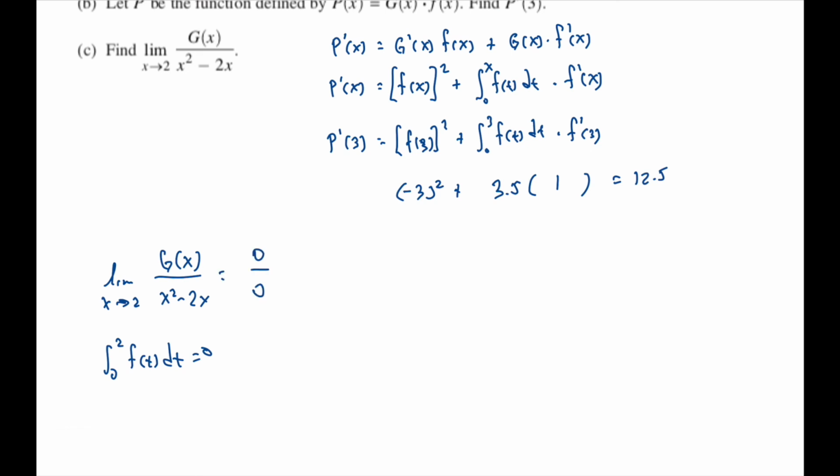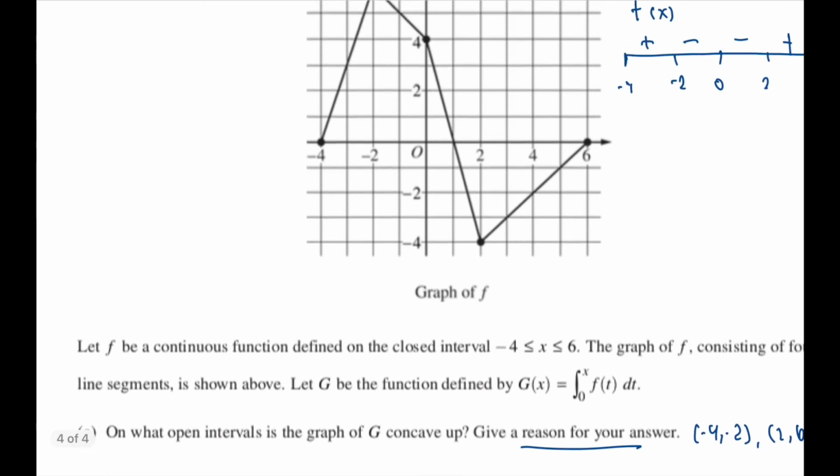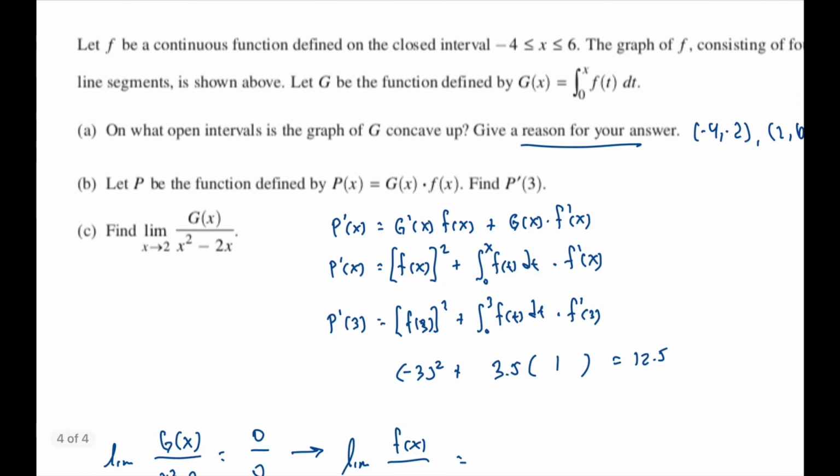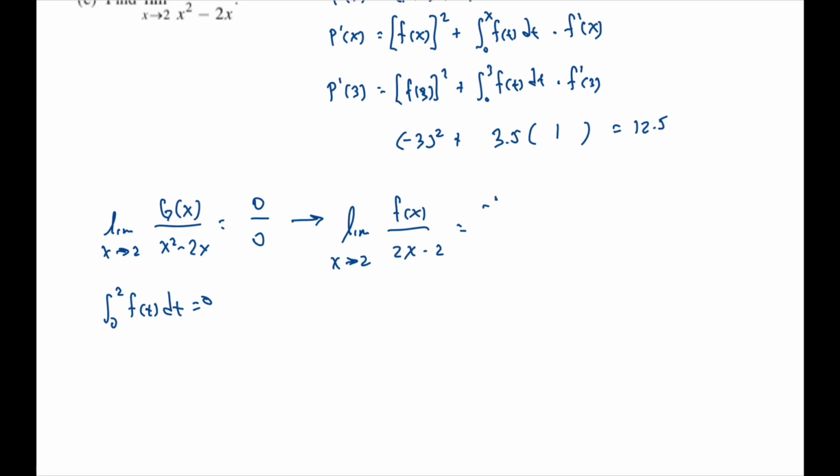Oh, L'Hopital's rule. So then we've got the limit as x approaches 2 of f of x, because f of x is the derivative of g of x, over 2x minus 2. Now f of 2, we can see, is negative 4. 2 times 2 minus 2 is 2. We've got negative 2. There we go.